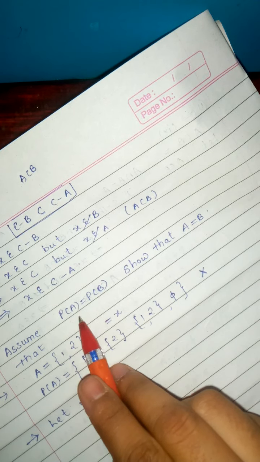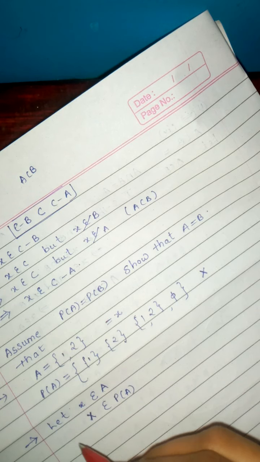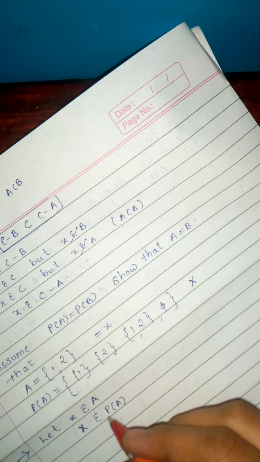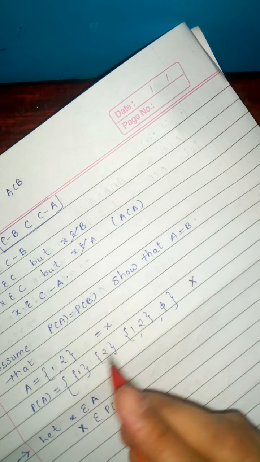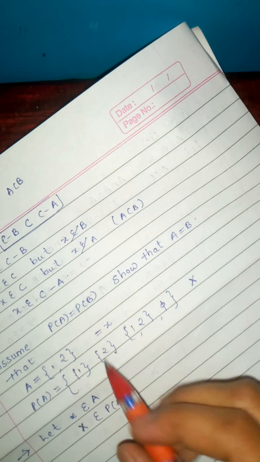Now what are we told to assume? We are told to assume the power set of A is equal to the power set of B. That means since this x belongs to the power set of A, it is also there in the power set of B, because they are equal.